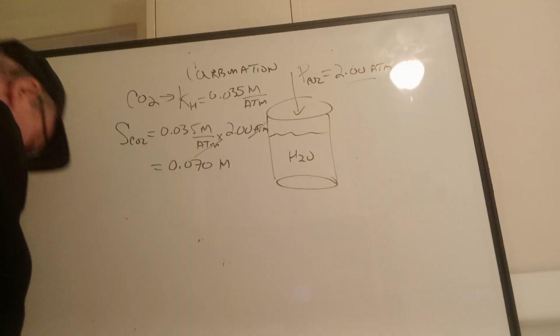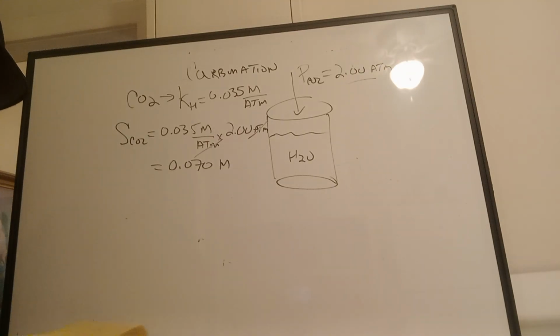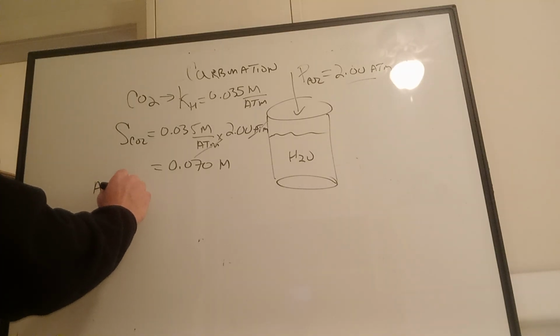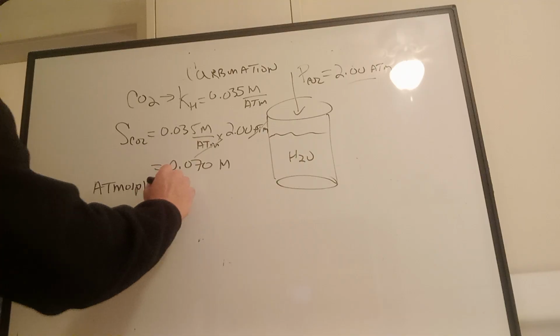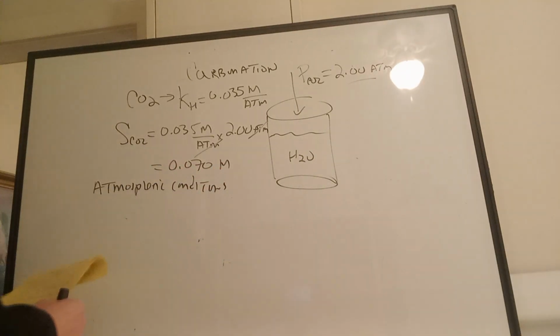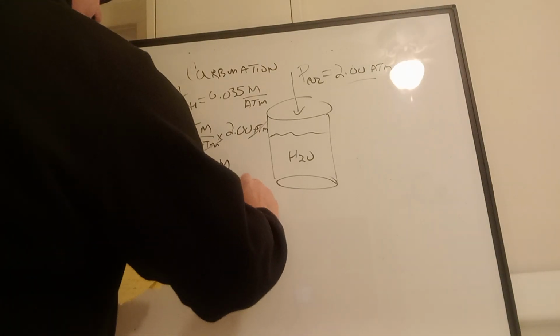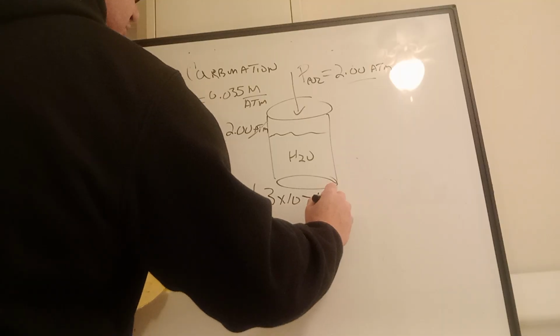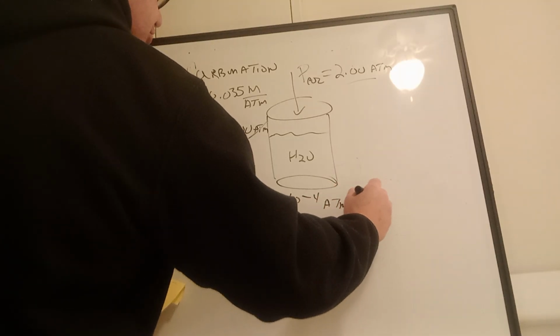Conversely, and I had to look up the exact value, and it will vary, for a typical atmosphere, assuming it's roughly 25 degrees Celsius outside on a nice day, 4.3 times 10 to the minus 4 atmospheres is the partial pressure of CO2.